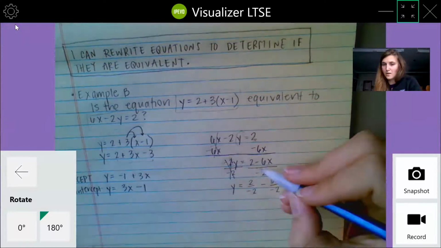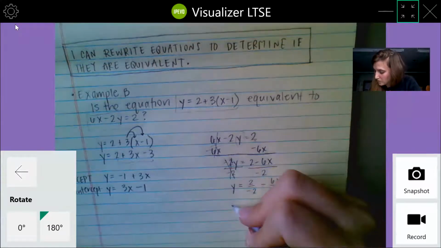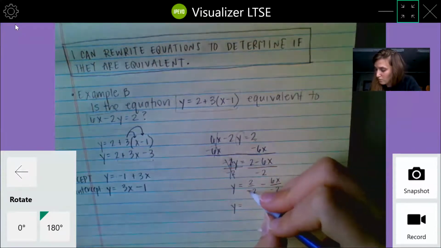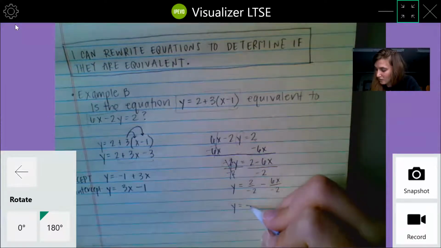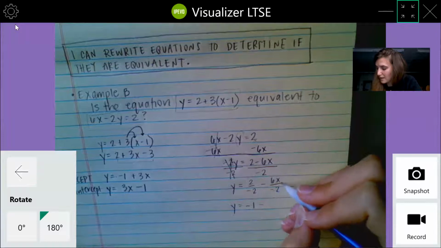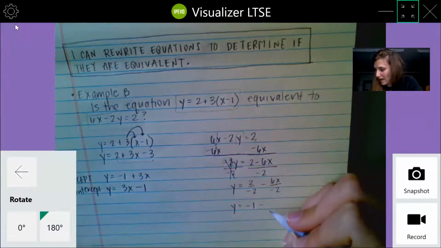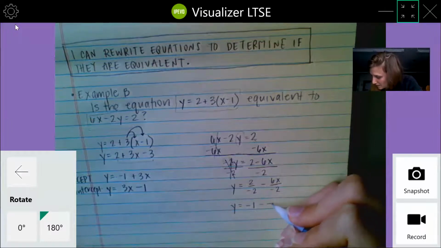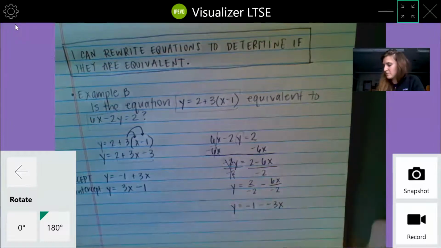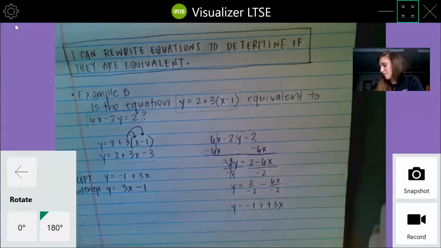I just broke that up. So now I'm left with y equals 2 divided by -2 is -1, minus 6x divided by -2 would be -3x. When I subtract a negative number, that turns them both positive.